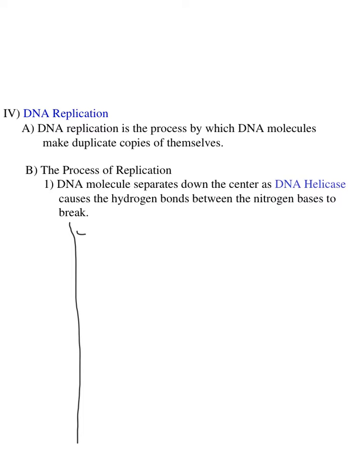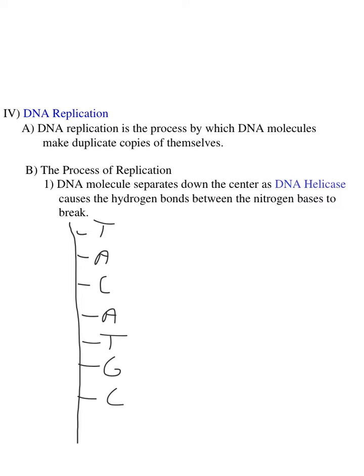And we can put the nitrogen bases over here. We'll put thymine, adenine, cytosine, another adenine, thymine, guanine, and let's leave off a cytosine here.